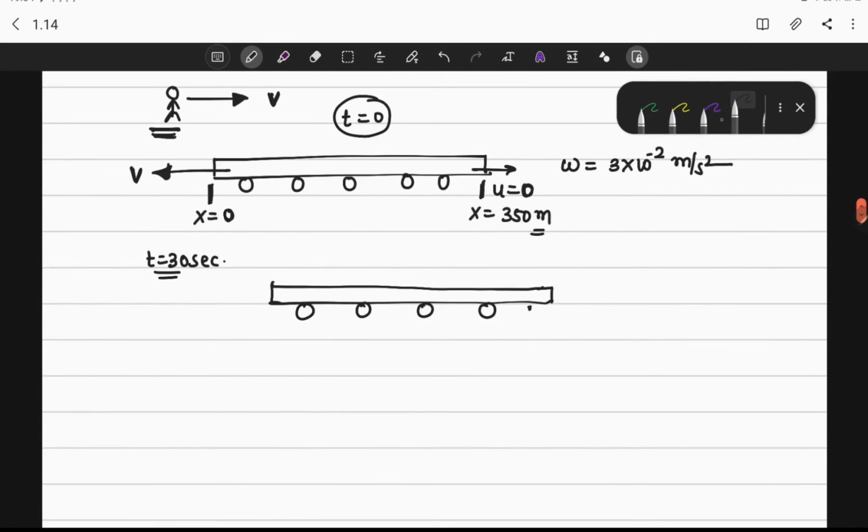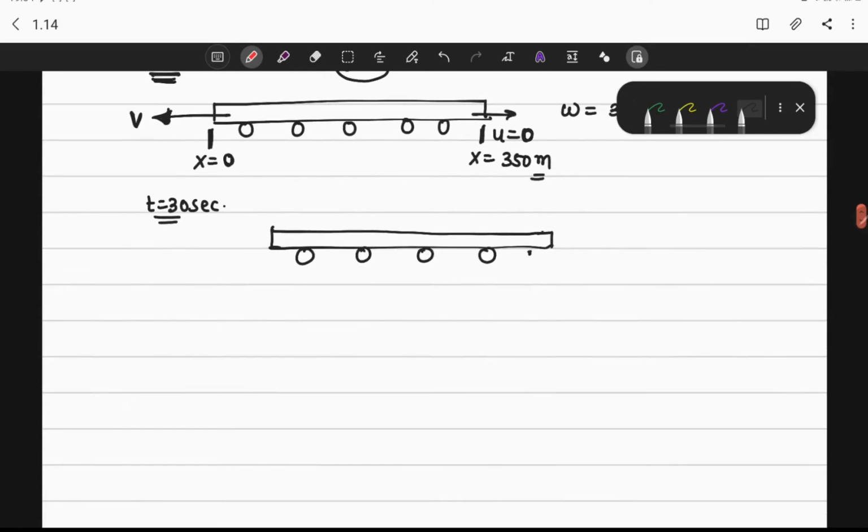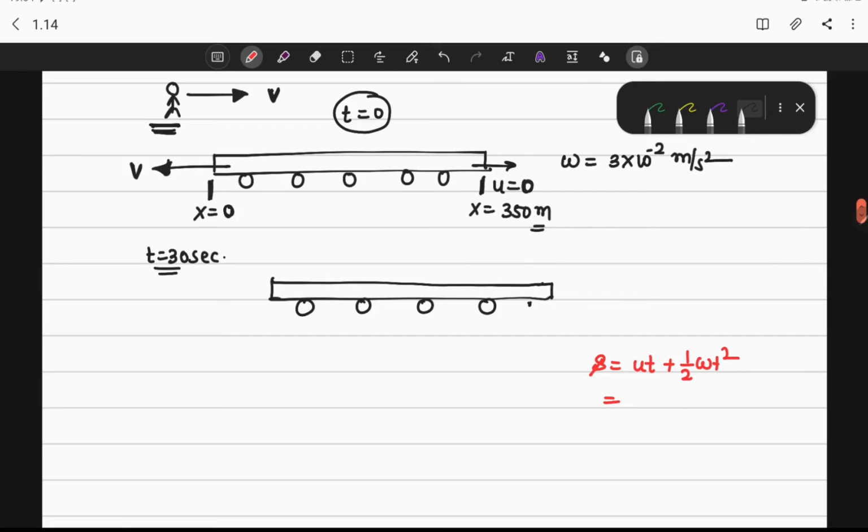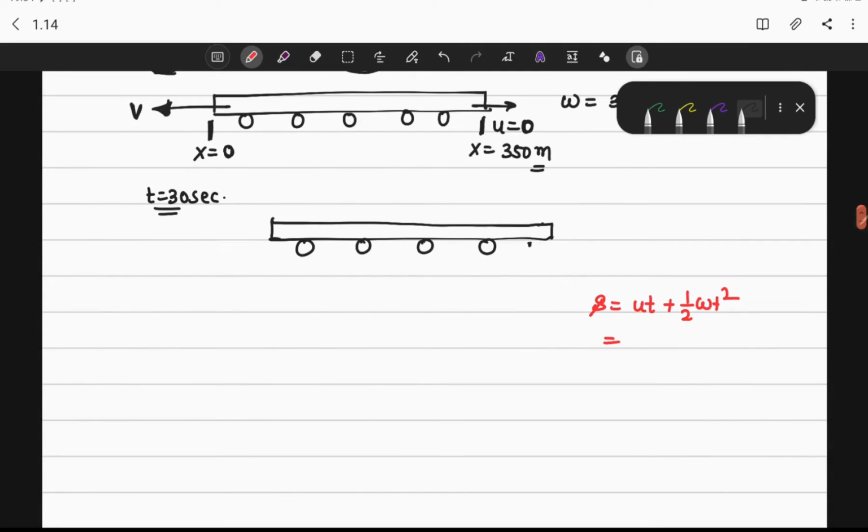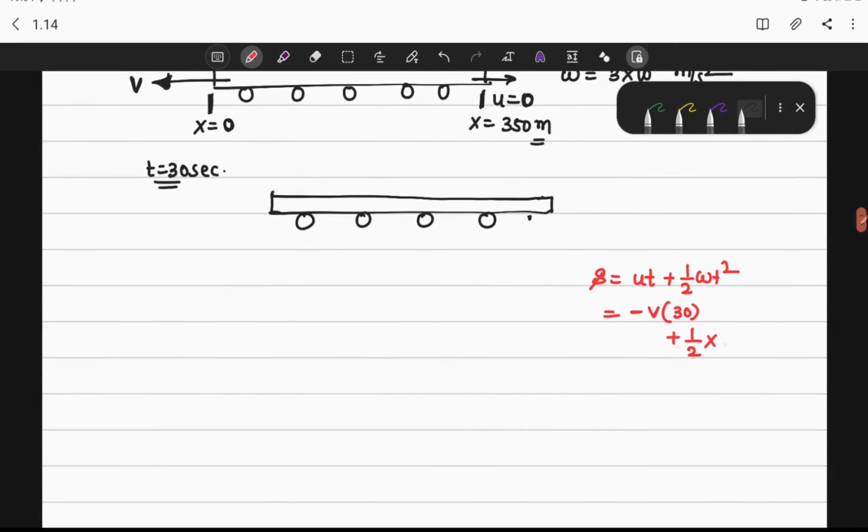Okay, so we can write from here what is the distance it has traveled in 30 seconds. So we can write s is equal to ut plus half into wt square. What is u here? That is in the negative x direction, so we can write minus v into 30 plus half into w, 3 into 10 to the power minus 2 into 30 whole square.